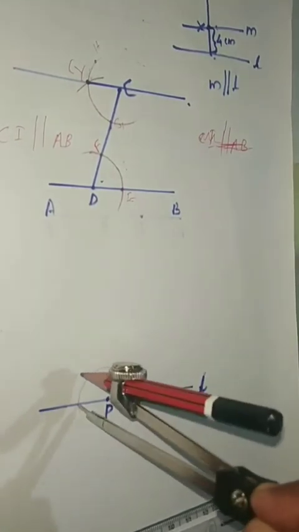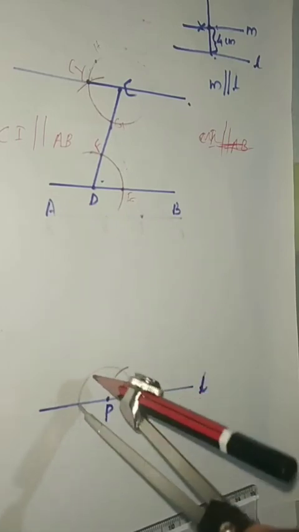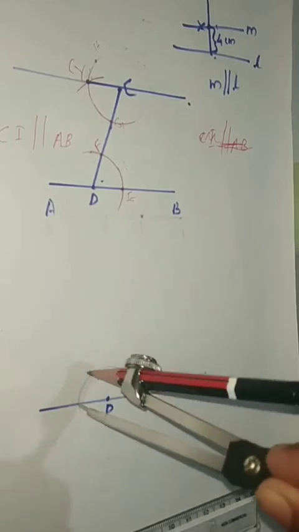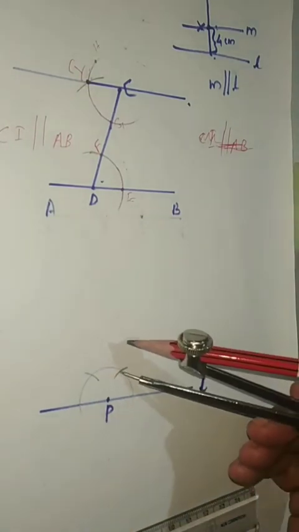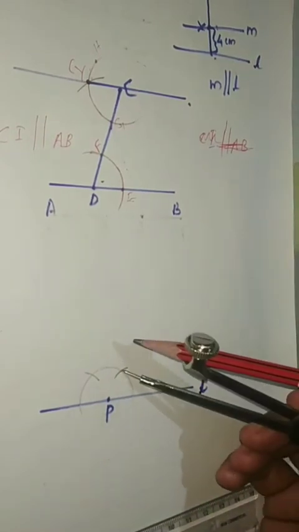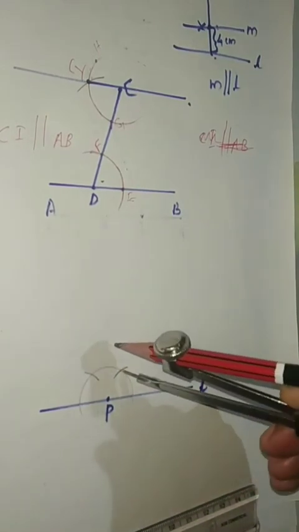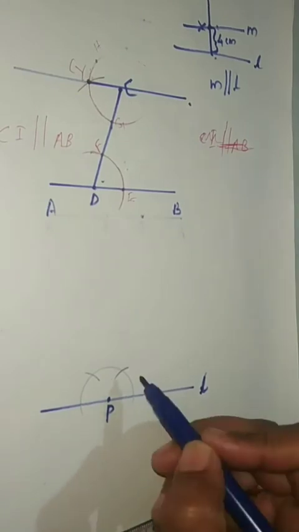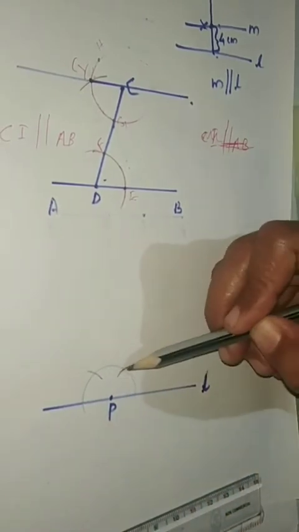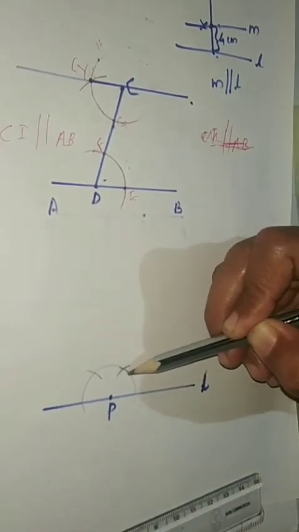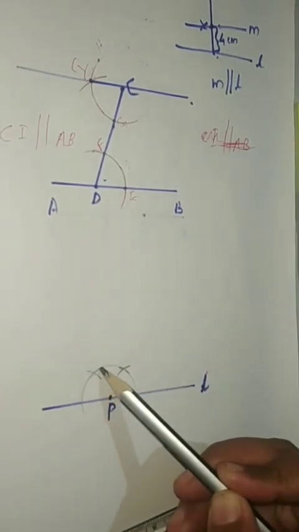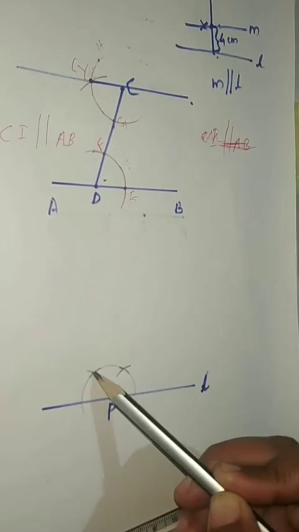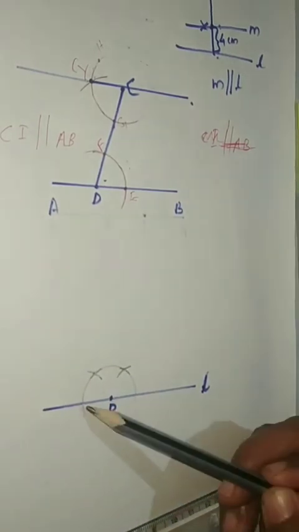Keep the compass point here, then draw another arc. After that, keep the compass point on this arc. Here one joining point is there, and here also one joining point is there. This was our arc.